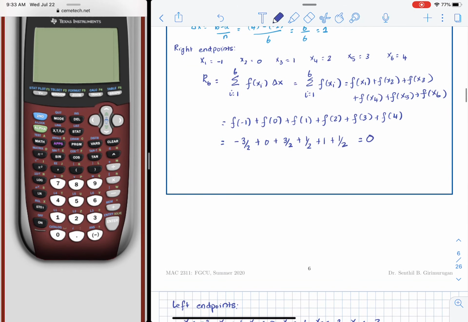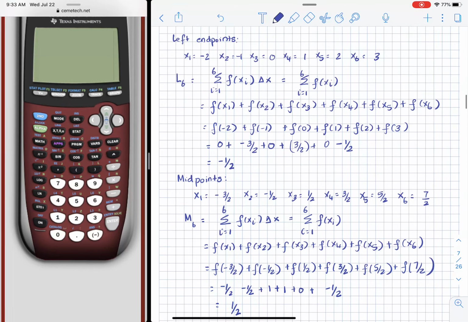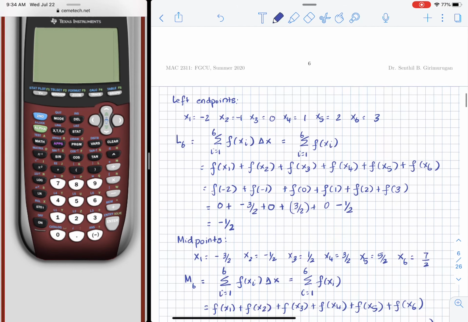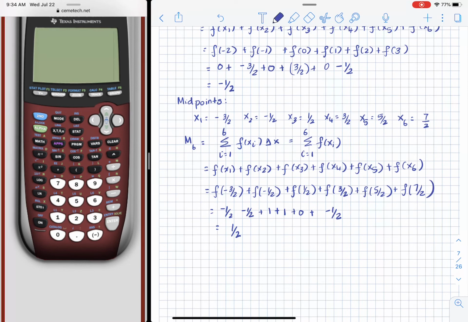So the net area, we have 0 in one case, negative half in another case, and with the midpoints, 1/2. So we're getting different answers here.